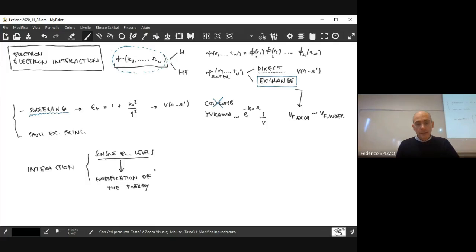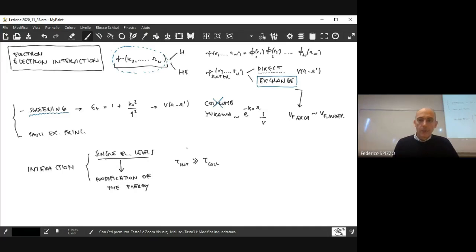We saw that this may be fine due to the fact that the relaxation time due to the interaction is very large with respect to the relaxation time due to collisions. So in between collisions, the effect of the interaction between the electrons can be neglected.